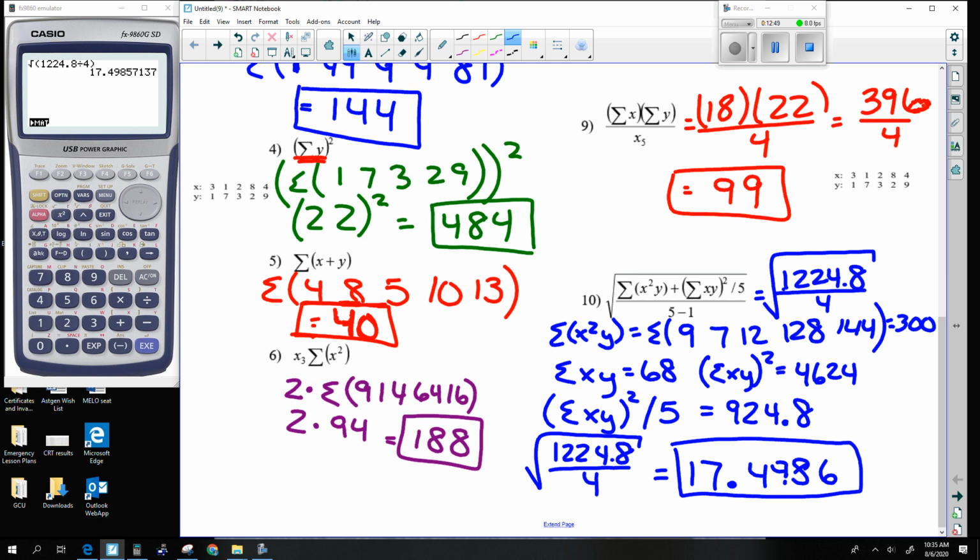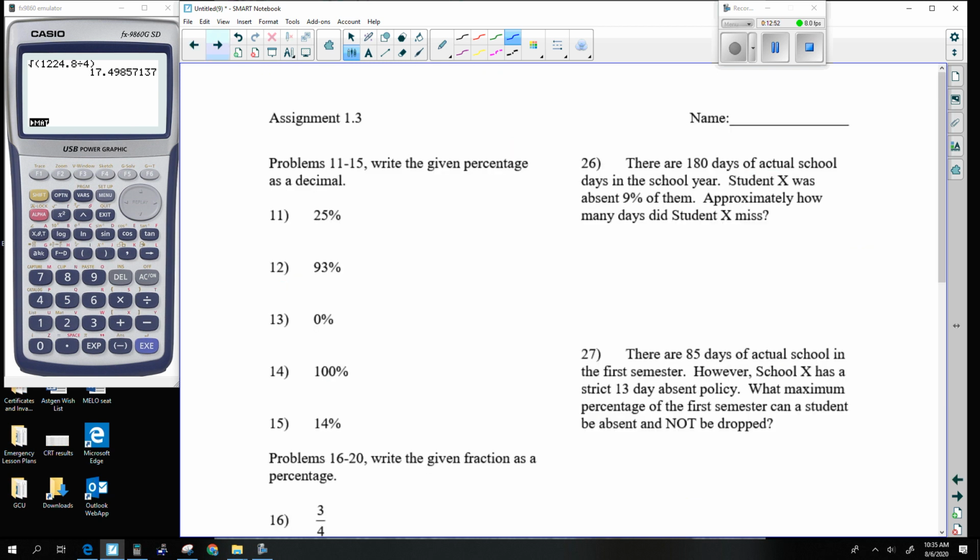All right. Back side, or other side. We have: write the given percentage as a decimal. And this is an effort to understand percentages and decimals. A percentage, like 25%, is the number 25, which technically has a decimal right there and a bunch of zeros.